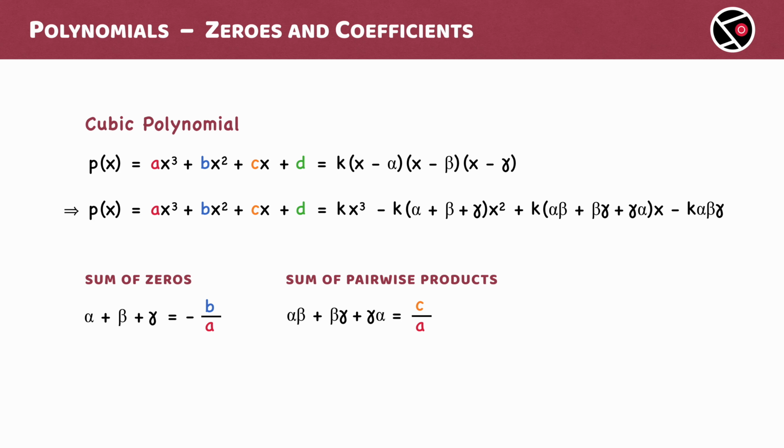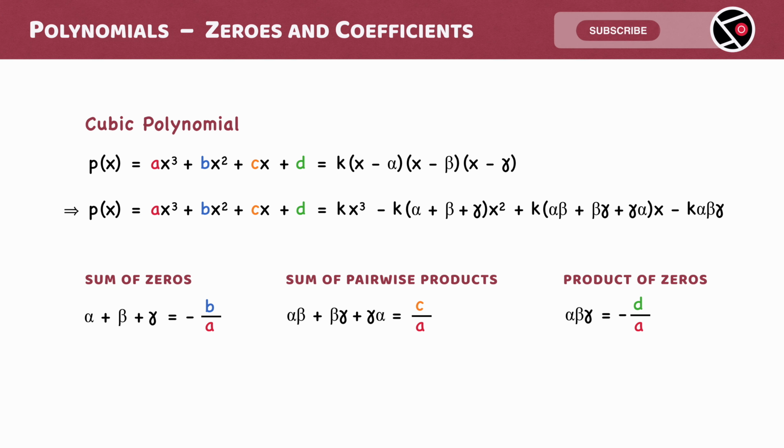And finally, the product of zeros. Alpha times beta times gamma equals minus d over a. Just like the linear and the quadratic polynomials, cubic polynomials also have a relationship between the zeros and the coefficients.